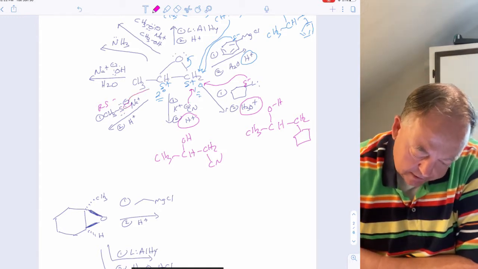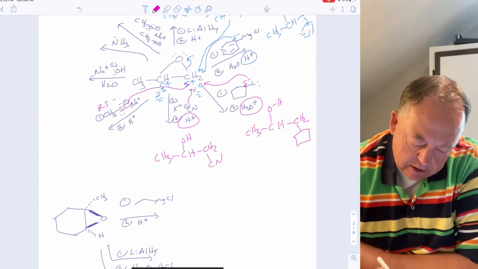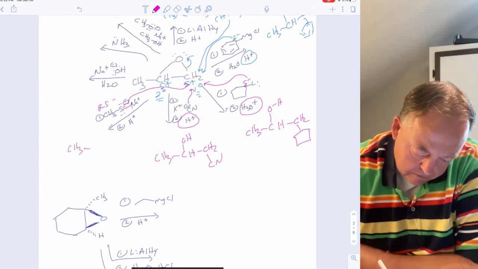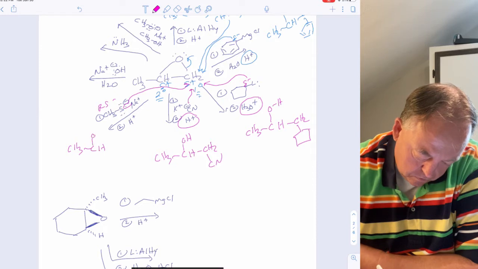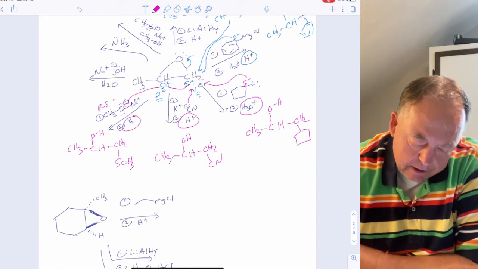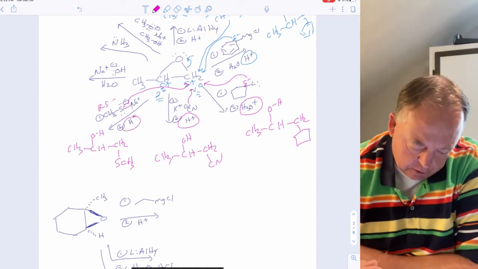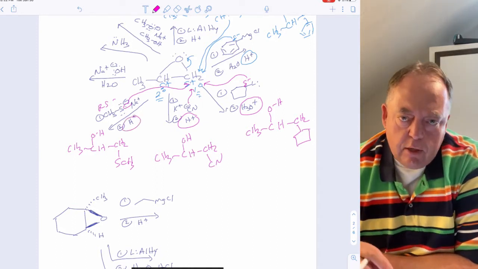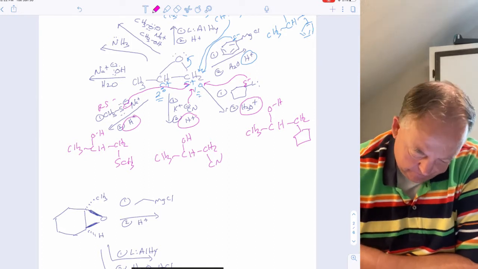So sulfur attacks this carbon and opens the epoxide. Right, and again you make O-, which picks up a hydrogen in the second step. So if you notice in all of these, the H+ is in the second step.